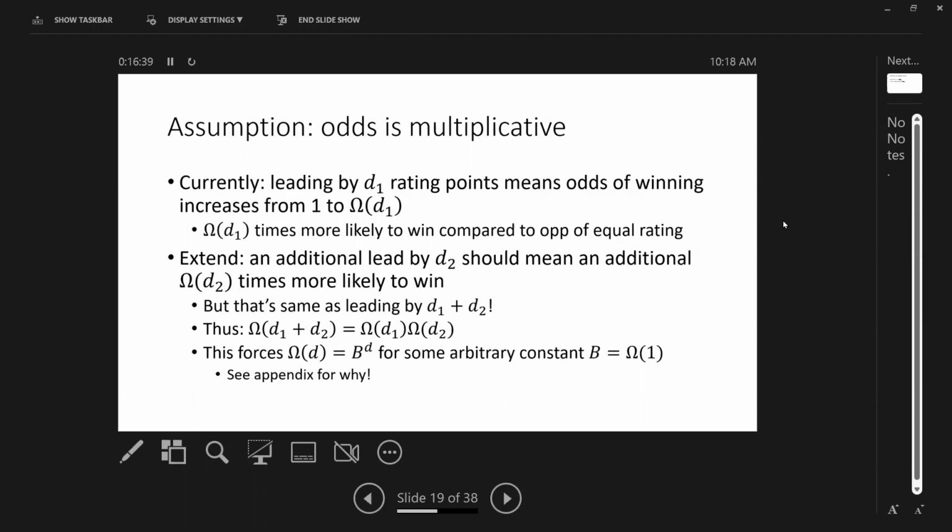It should equal the product of the individual odds you have when you lead by d1 and when you lead by d2 alone. And it turns out that just having this relation alone forces the function omega of d to take a certain form, namely an exponential function, where the base is an arbitrary constant. And if interested, we could go into detail at the end for why this follows.